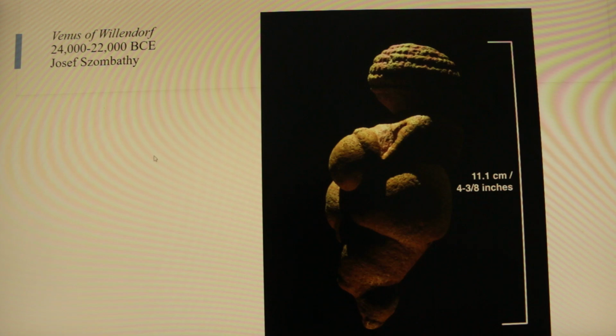This Venus of Willendorf is perhaps the most famous of all of the Venus figurines. She looks very big compared to some of them, but she's only 4 3/8 inches. Notice she has no face. This is the archaeologist who found her.